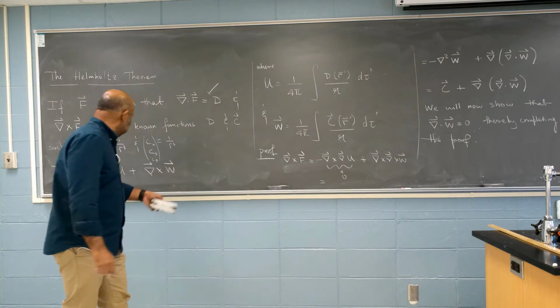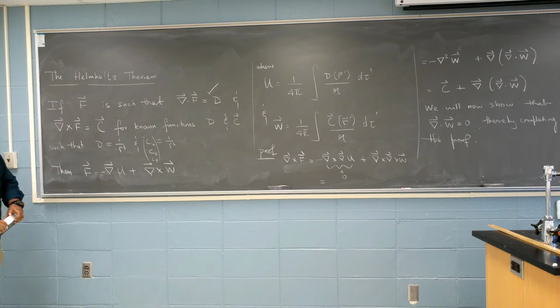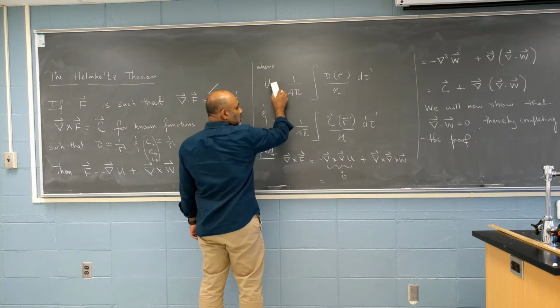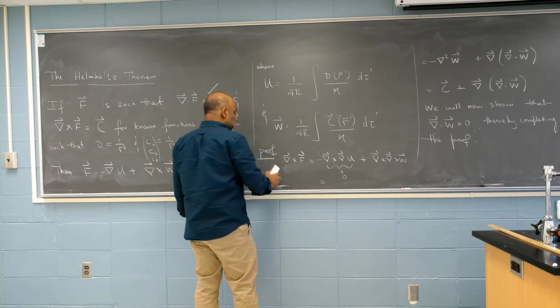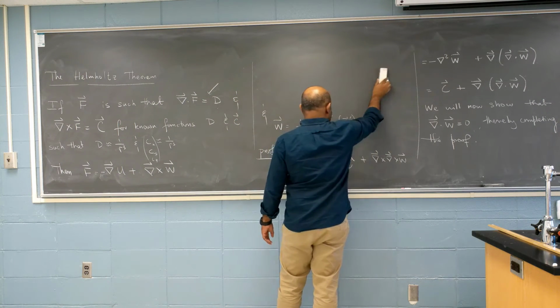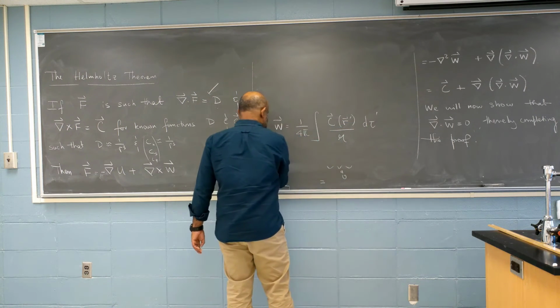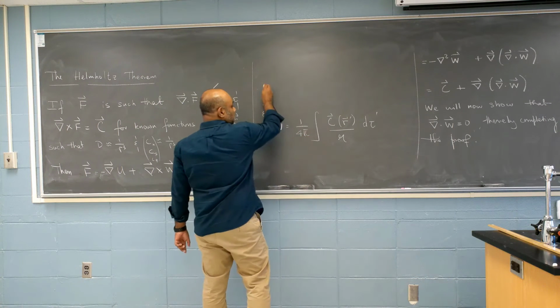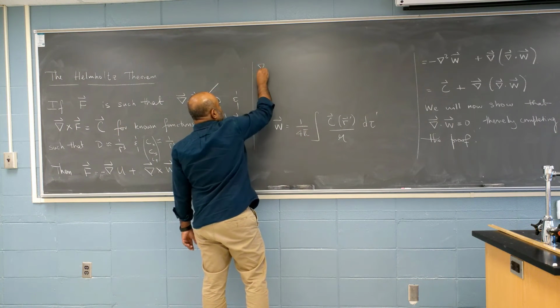This is the theorem. Let's not forget what it is we're trying to prove. So, lack of space, I'm going to compute the divergence of w and then erase that, which I have to show is 0.